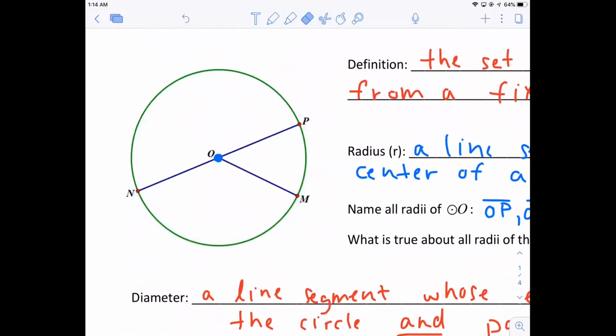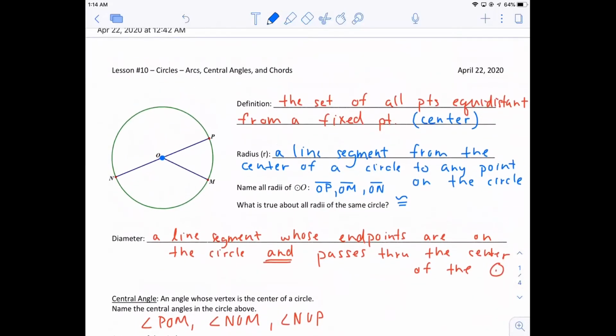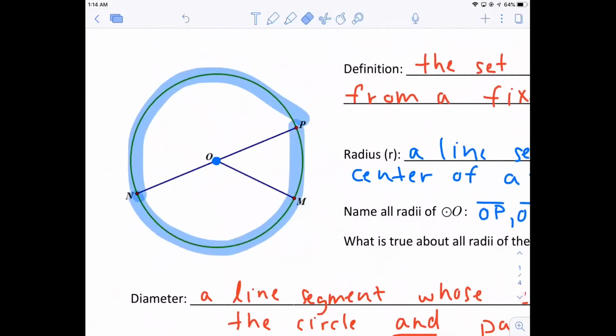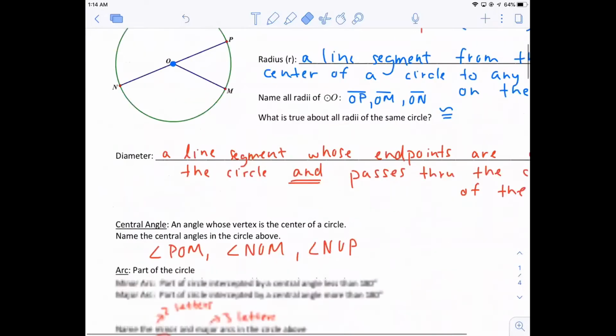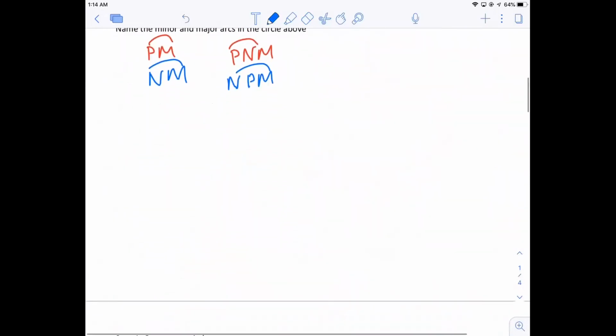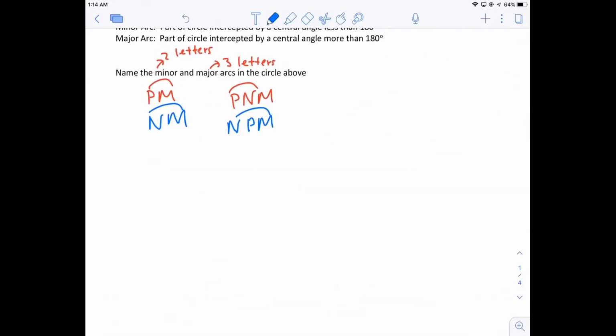We also got 2 other arcs, sorry, no O, just NP and NMP. So those are formed by the diameter, right? So those are straight angles, those are 180 degrees.